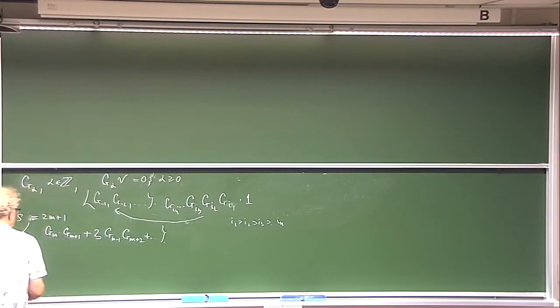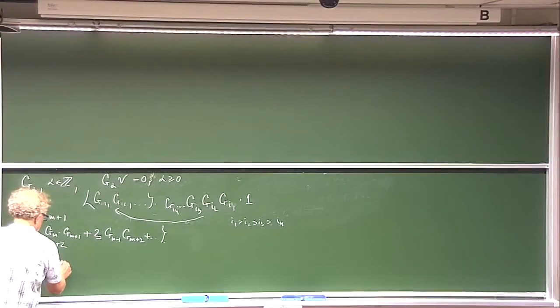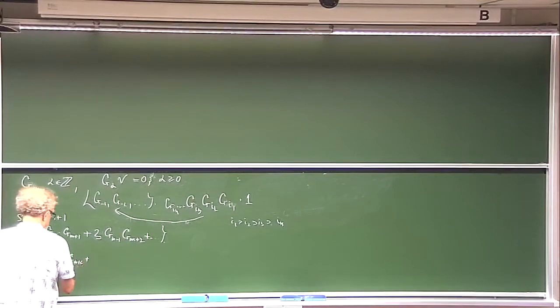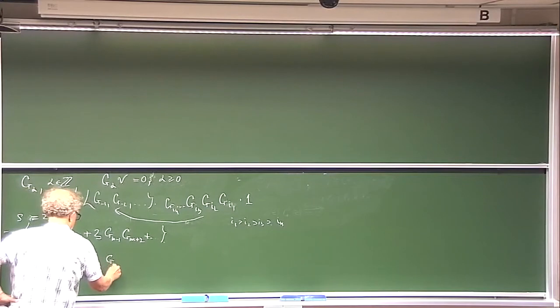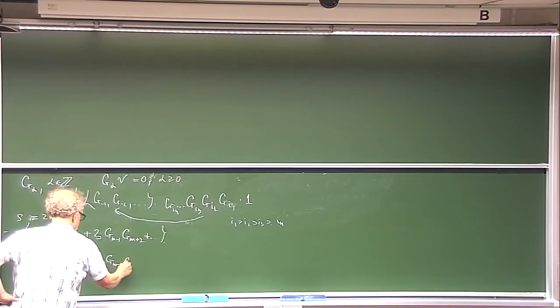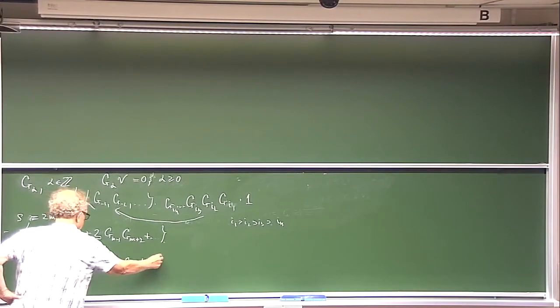And if s is equal to 2m plus 2, then the relation looks like this. We have G_m times G_(m+2) plus, and because of this we have minus 2 here. The next term is G_(m-1) G_(m+3), then we have 4 here, plus and so on.